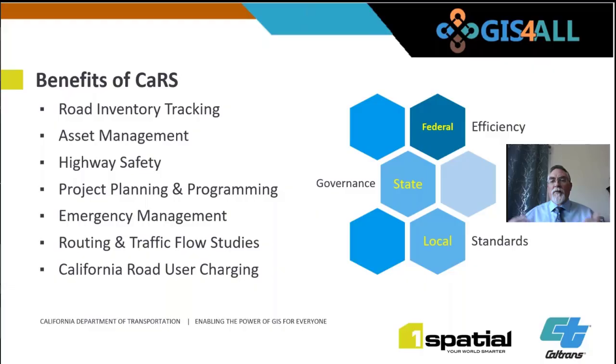And as all of our local jurisdictions build out more subdivisions and more parts of their local communities, we'll start getting that information in a more timely manner so that we can report it up to the federal government to be included in our funding request. As we get this better road data, everyone in California will benefit from the improved quality of our road network.